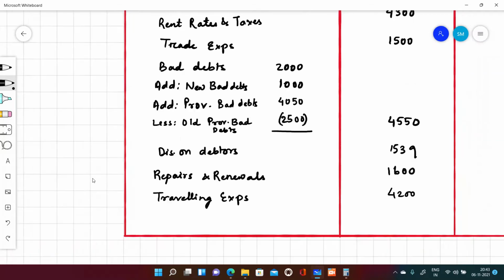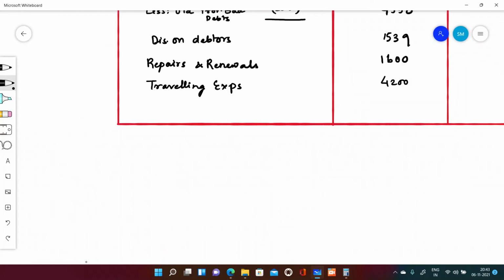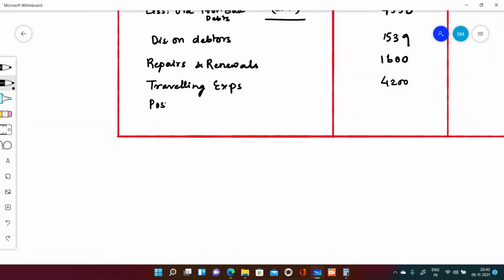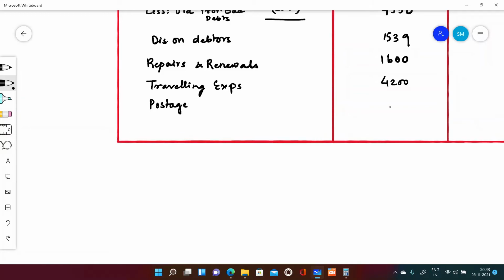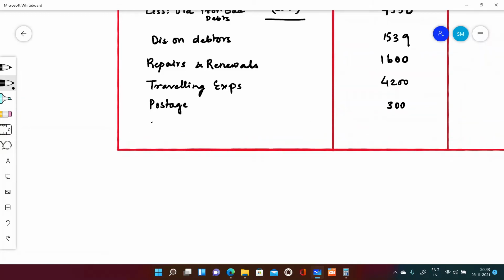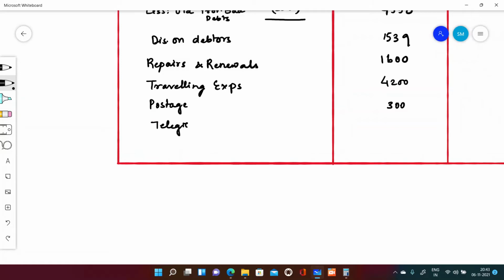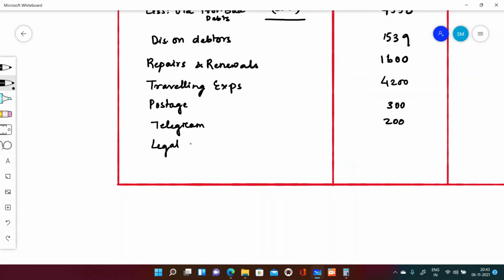Then again postage 300, telegram 200, legal expenses or legal fees, it is written legal fees 500. Then your bills receivable, it will go under asset side. Building, it will go under asset side.